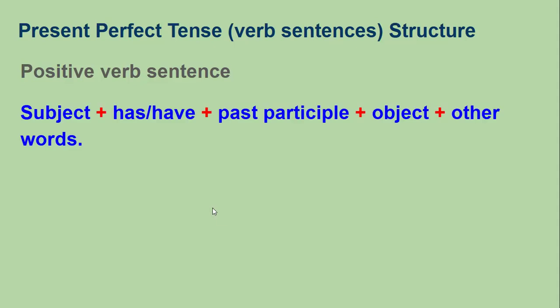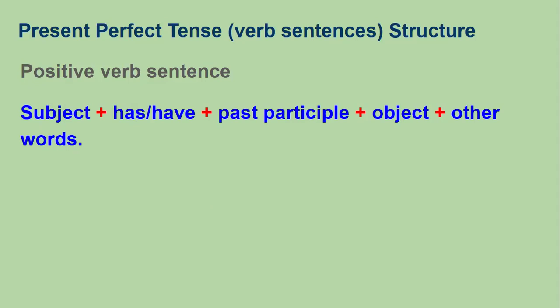The structure is as follows. So first, you need the subject. After the subject, you use has or have, depending on the subject that you have. After the have or the has, you put the past participle.